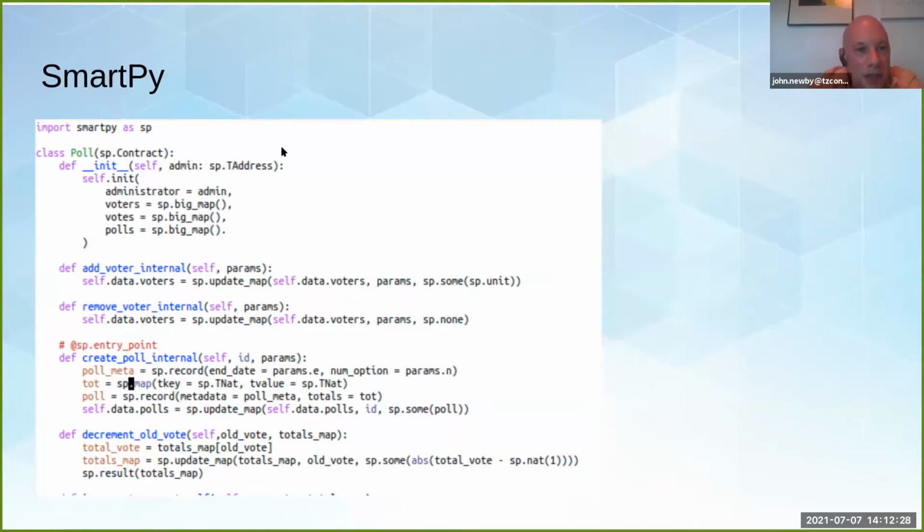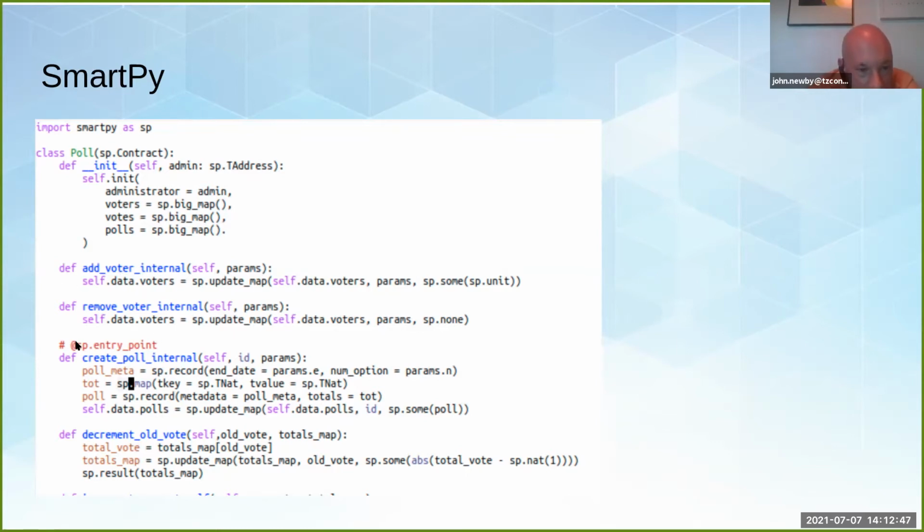It starts with the import, and then it defines a class which inherits from the contract. The init method initializes the contract and its storage, and the methods that you see afterwards are smart contract methods.